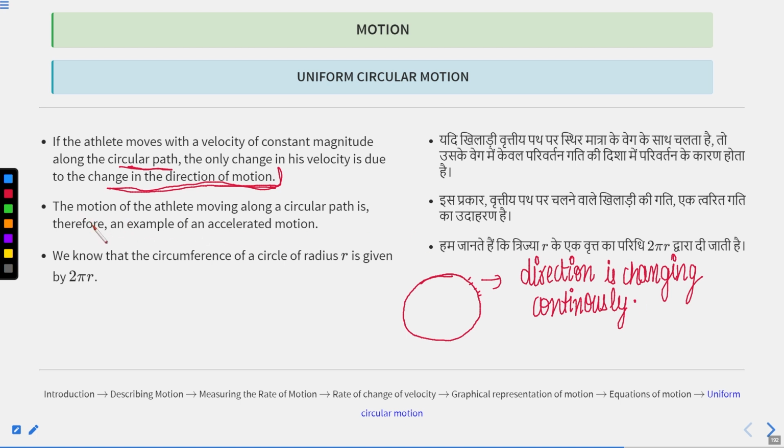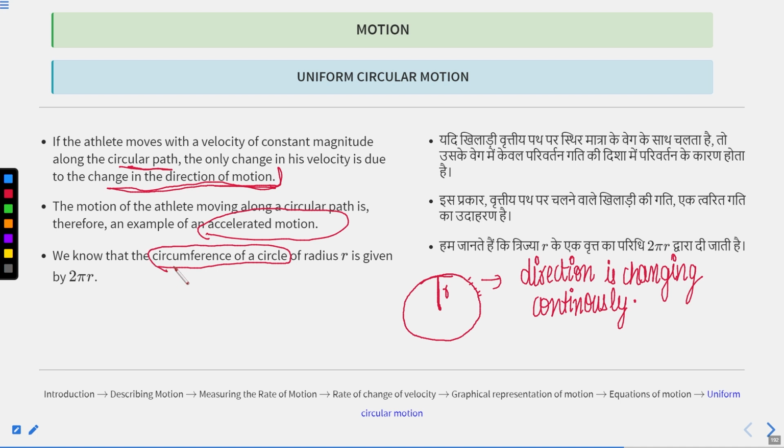The motion of an athlete moving along a circular path is therefore an example of accelerated motion. If this circle has the radius r, what will be the length of this track? The length of this track is equal to the circumference of the circle.